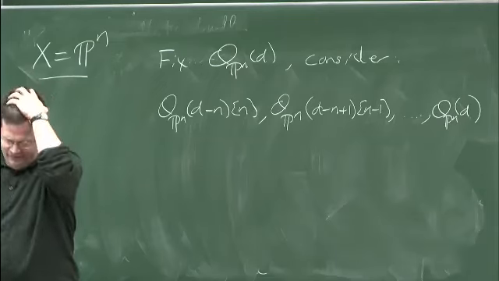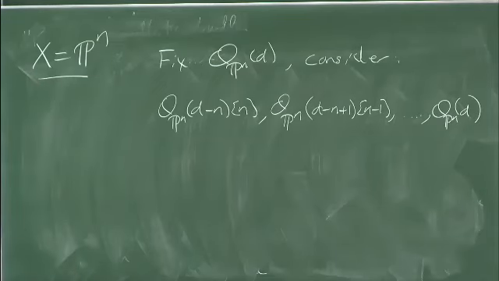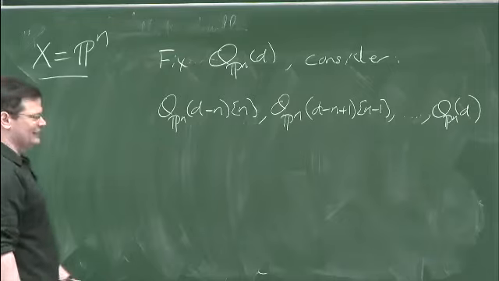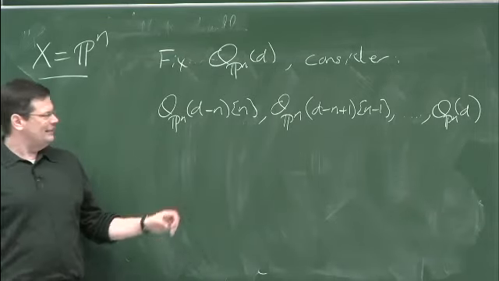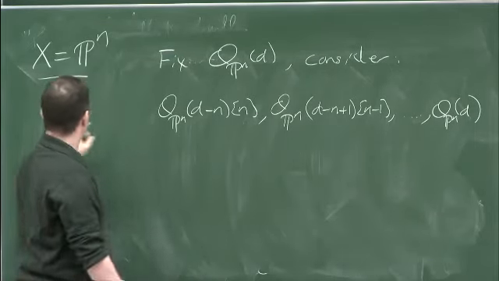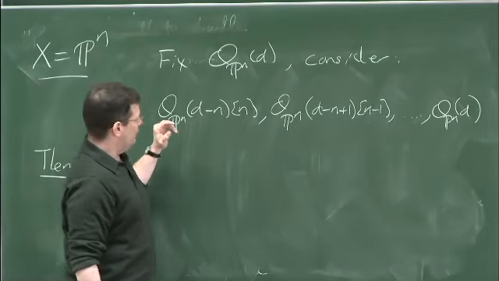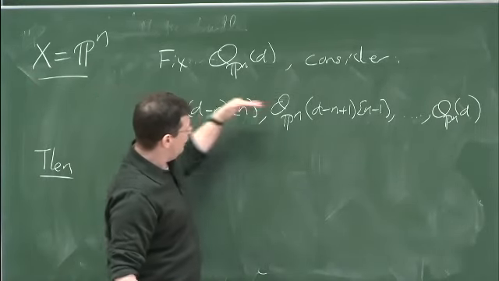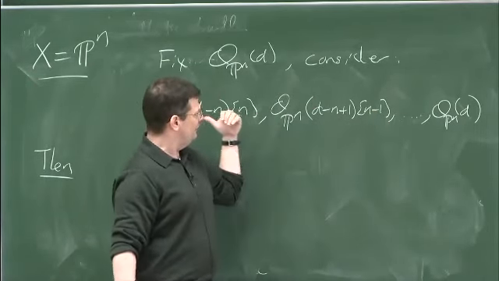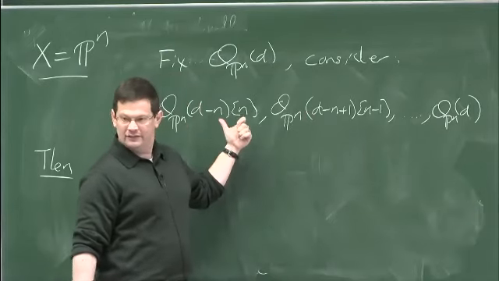This is an exceptional collection of sheaves on Pn, and I think it's called an Ext exceptional collection in the sense that there are no Homs going that way, there are no Homs going this way, but there are higher Exts going this way.